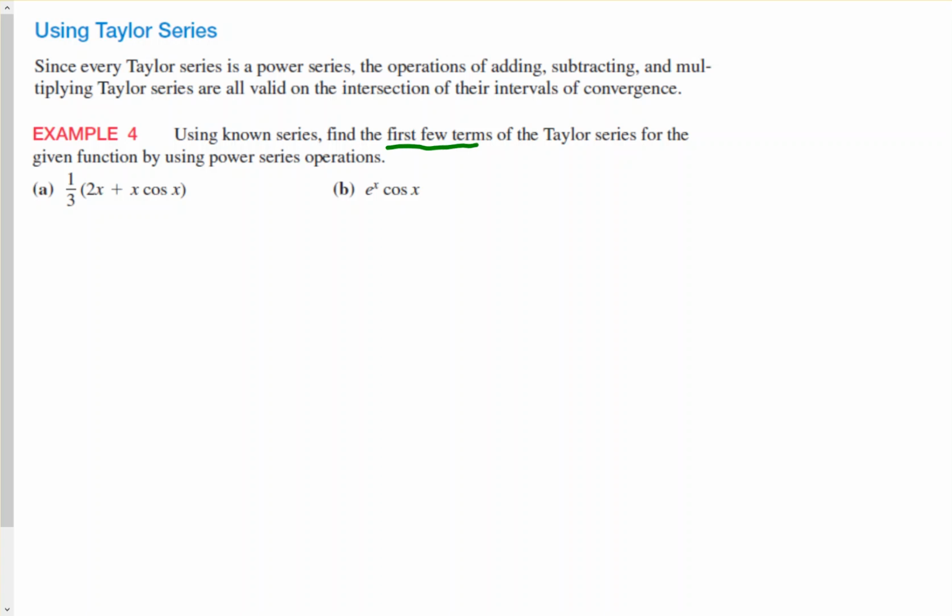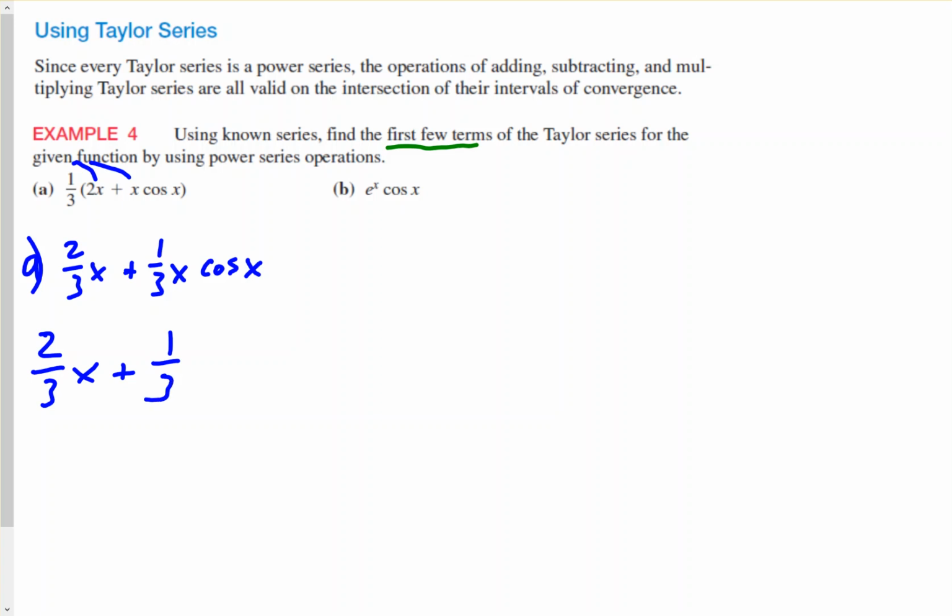Okay, so for the first one, we have here 1/3 of 2x. So we're doing a. So that means we would have 2/3 x, if I distribute this, plus 1/3 x times cosine x. So now I have 2/3 x plus 1/3 x.